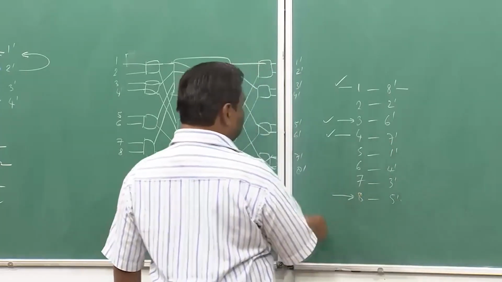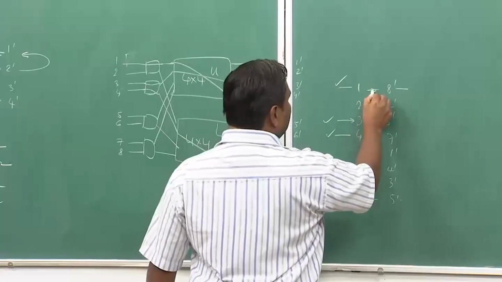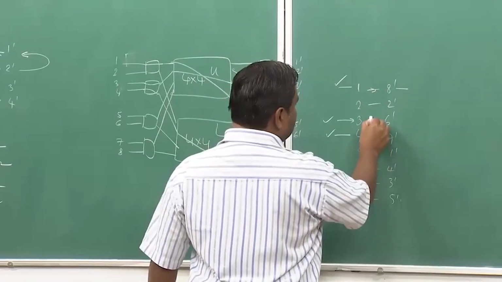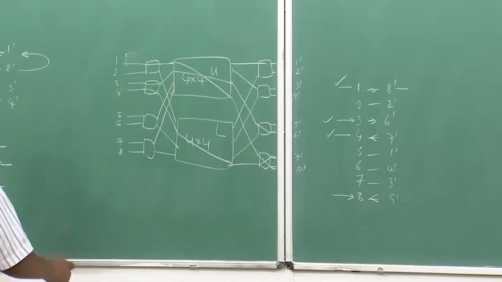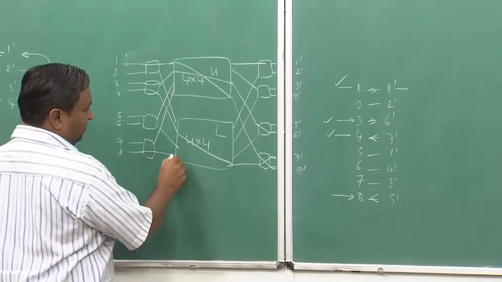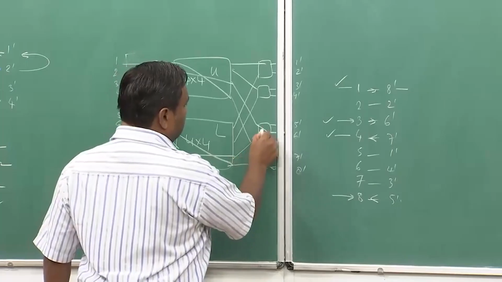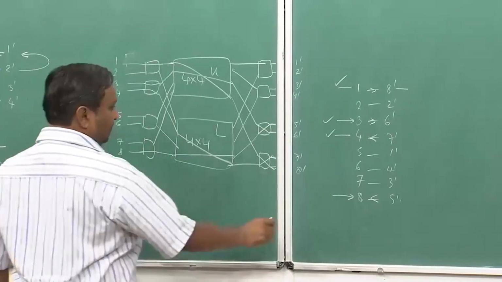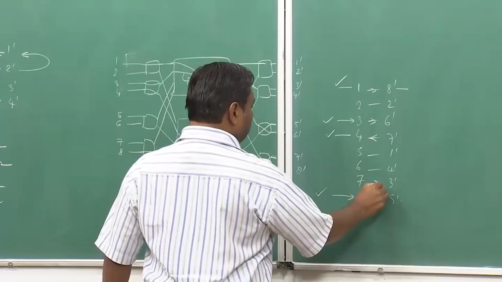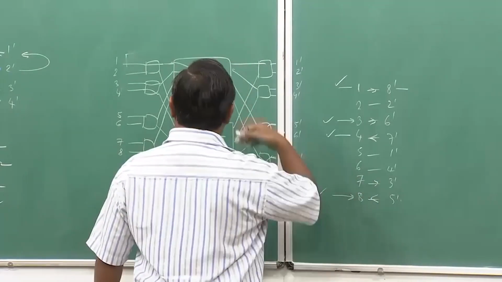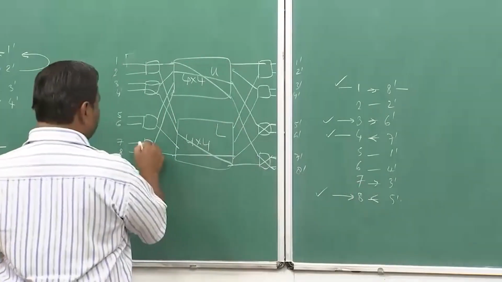So, 8 to 5 has to go from the bottom. Remember this is the forward direction, this is the reverse, this is the forward, this is the reverse. 8 to 5 has to go from the bottom. Okay, done. Corresponding to 8 is 7, this has to happen in the reverse direction from the upper one, 7 to 3 prime.